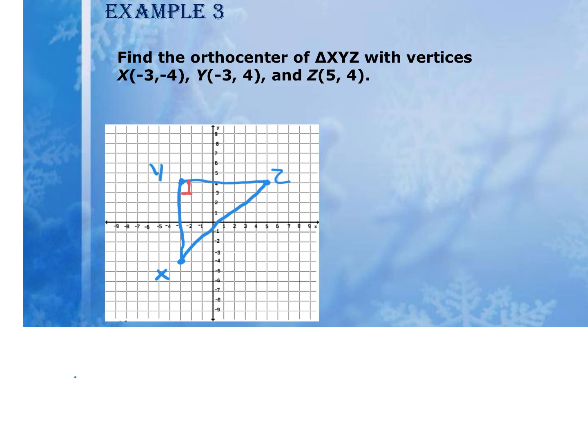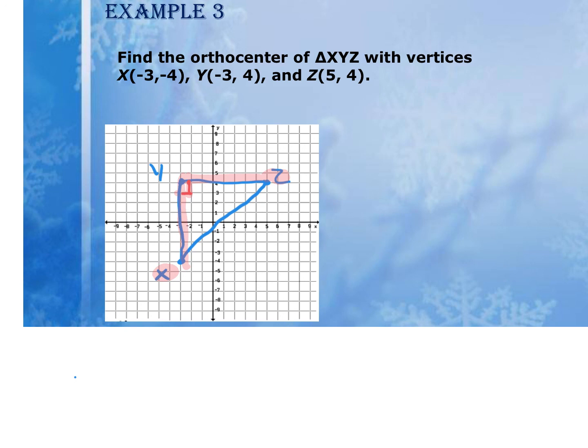And then I just have to draw in the 3rd one. So this leg right here, YZ, is actually an altitude because it's coming out of vertex Z, and it's the perpendicular distance or the length. Then if I go from vertex X, the perpendicular segment is the leg XY.